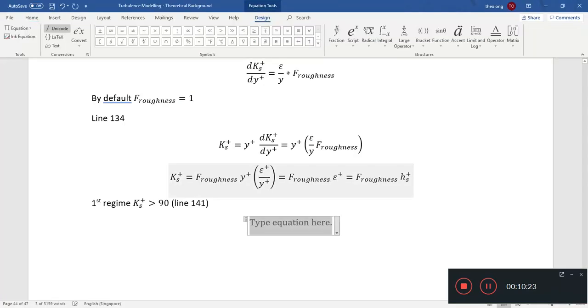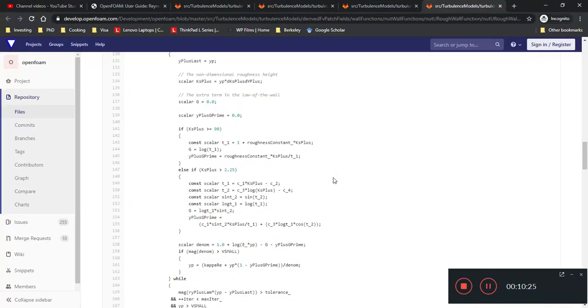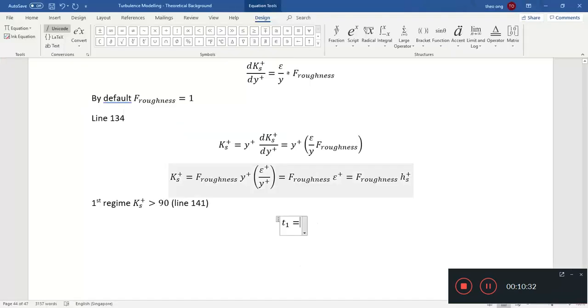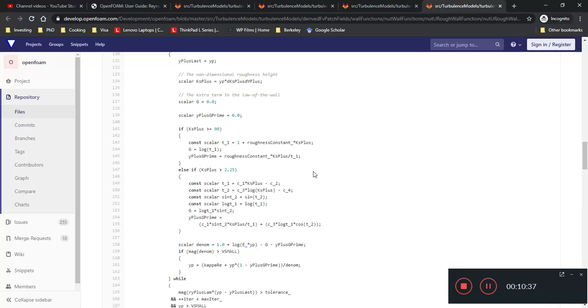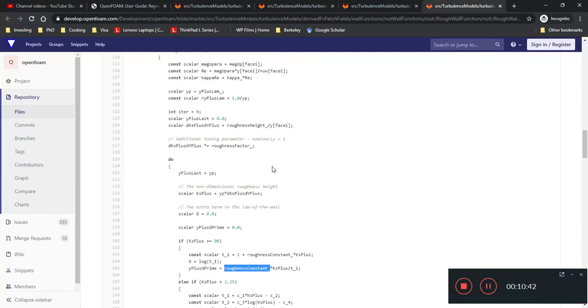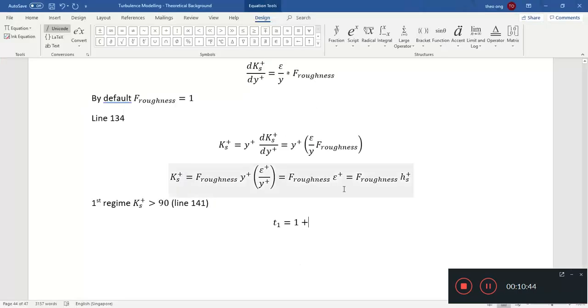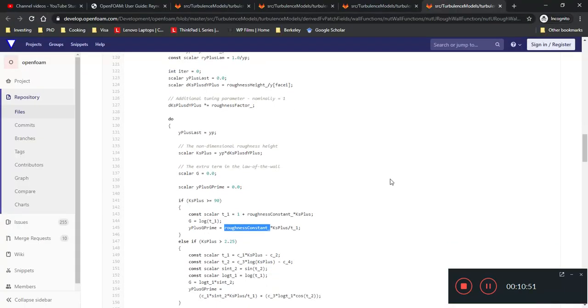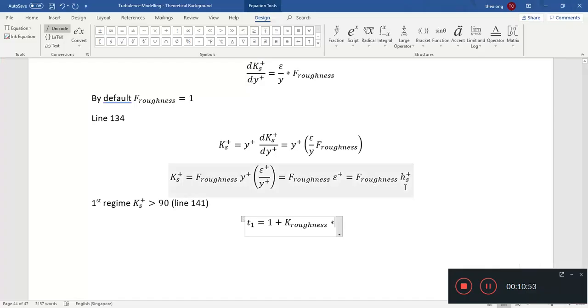T1 equals to 1 plus roughness constant times ks plus. So this is a roughness constant, right? I'll just call it k roughness times ks plus.